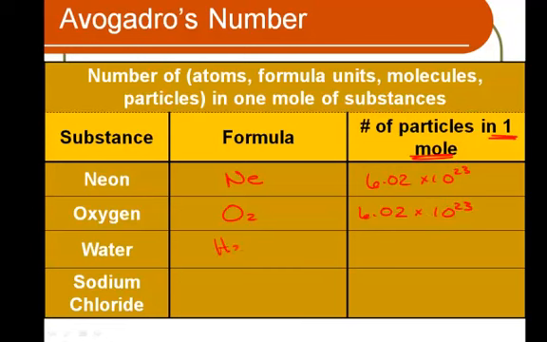Water, H2O, a water molecule, there would be 6.02 times 10 to the 23rd water molecules in 1 mole of water. Sodium chloride formula units, because it's an ionic compound, would still have 6.02 times 10 to the 23rd. So we can use Avogadro's number to determine the number of particles in a mole.